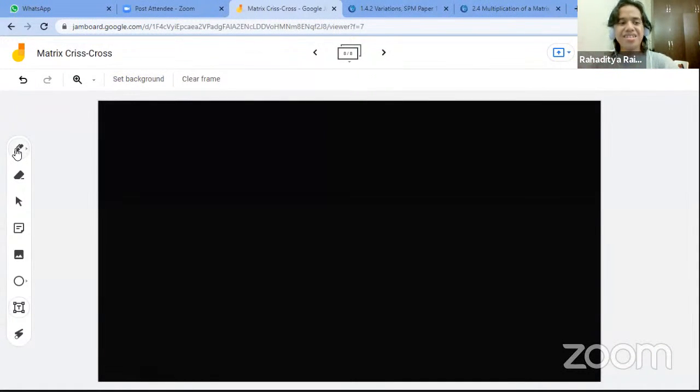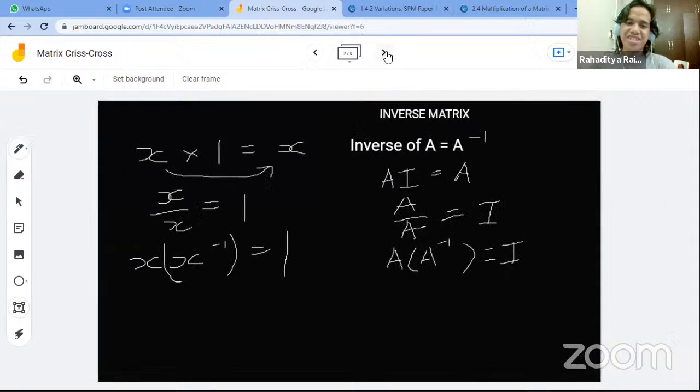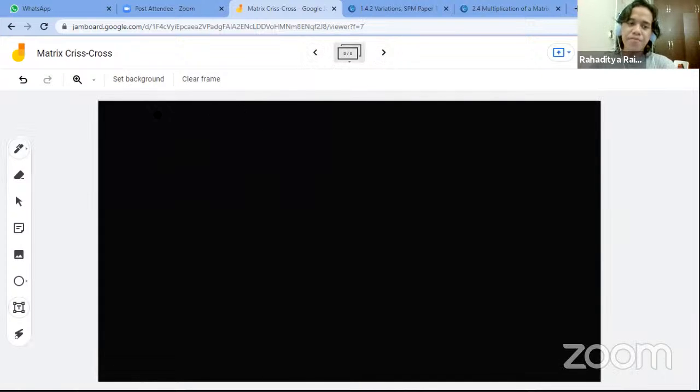Honestly, for this one, you have no choice but to follow the formula. A to the power negative 1 is equal to, okay, let's say we have A is equal to 1, 2, 3, 4. I'm putting real numbers because when you put letters, it can get confusing.